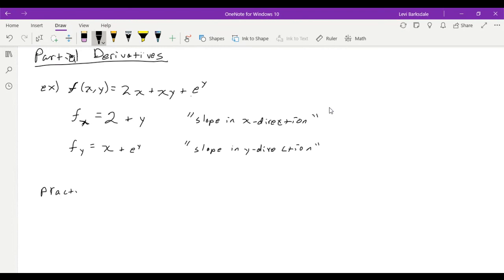So why don't you go ahead and try a couple out. We'll just say find partials for f of x, y equals sine of xy plus x e to the y.